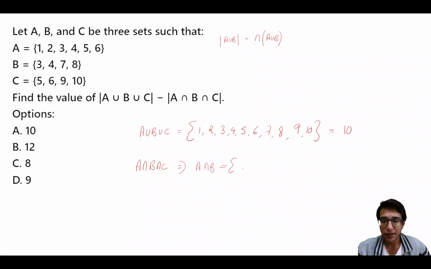What are the common terms? 3 and 4. Now if I intersect the C set with this one, 3 and 4 are not in C, so there are no common elements. That means there are 0 elements in this set. So simply, the value would become 10 minus 0. 10 is my answer. So option A becomes my answer.